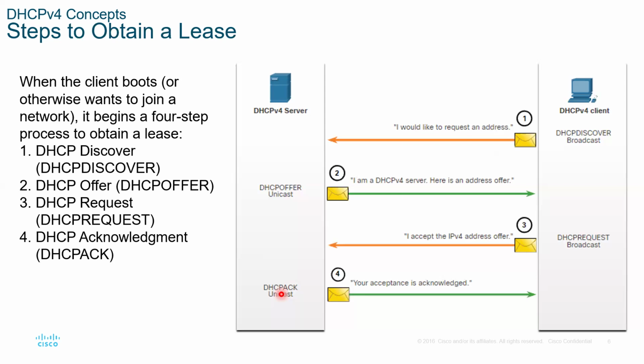All the messaging, especially the request and the acknowledgement, is used to prevent having duplicate IP addresses. Because if you don't respond to all the servers in the network, telling them which IP address has been taken, they'll probably offer it again to other hosts. Duplicate addresses are definitely a problem in a network.